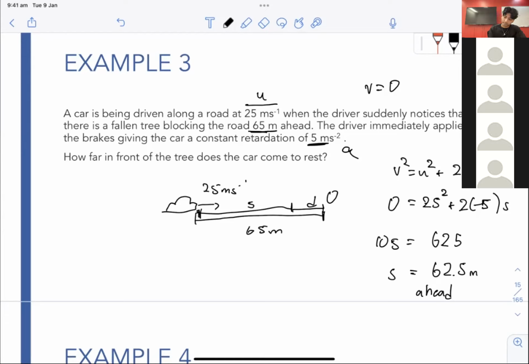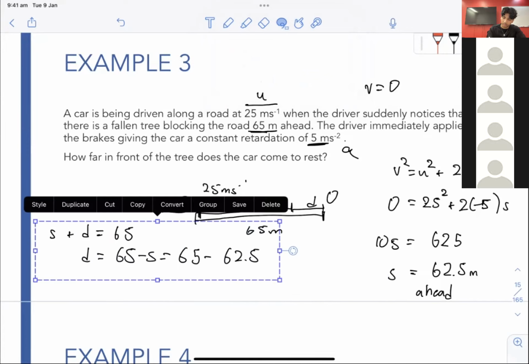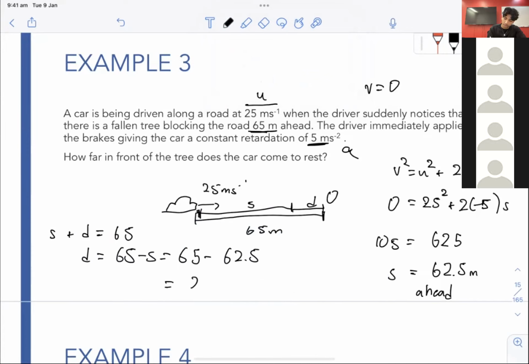Meaning, if S plus D equals 65, like we can see here, and D is what we're finding, we can say D is equal to 65 minus S, equals 65 minus 62.5, which is going to be 2.5 meters in front of the tree.